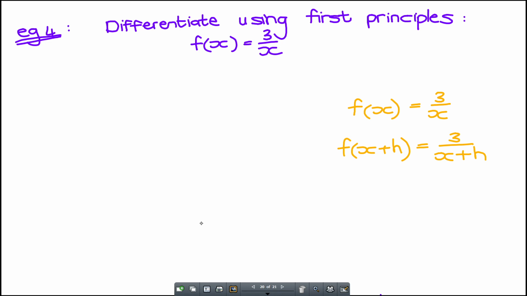And then have a look at what we end up with. Maybe we can multiply with something to make it easier for me at the top and the bottom.